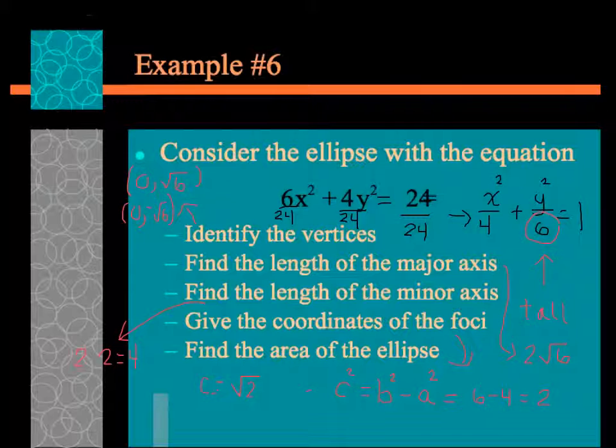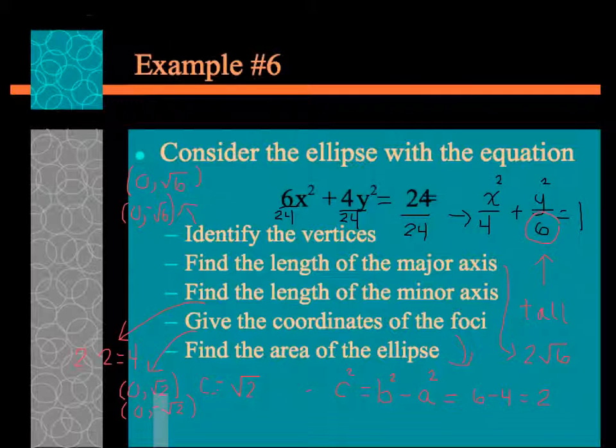Now the foci are on the major axis. So if you're looking at your graphic organizer, the major axis is the vertical axis on a tall ellipse, and so we see that it will be (0, c), so (0, square root of 2), and (0, negative c), so (0, negative square root of 2).